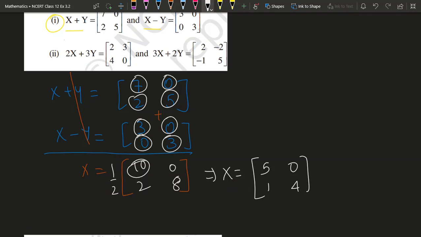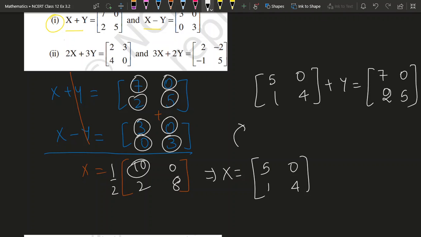And you take this and put it into the first equation that you had. So you now know the value of x, and you still don't know the value of y. And that's equal to 7 0 2 5, if I'm not wrong. No, I'm not wrong. So y then equals the difference of these two matrices.